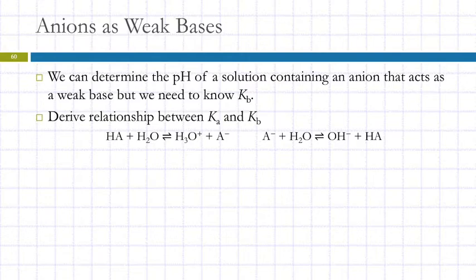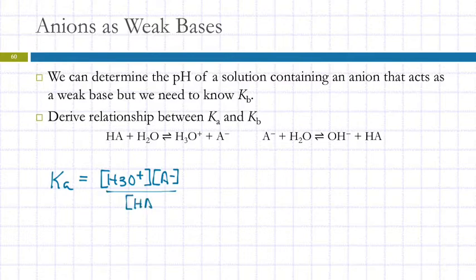Okay, so I'm going to show you this. So here we have an acid dissociating. So I'm going to write the expression for Ka. So Ka is going to be hydronium ion concentration times the concentration of A minus divided by the concentration of HA. The water gets left out because it's a liquid, its concentration can't change.